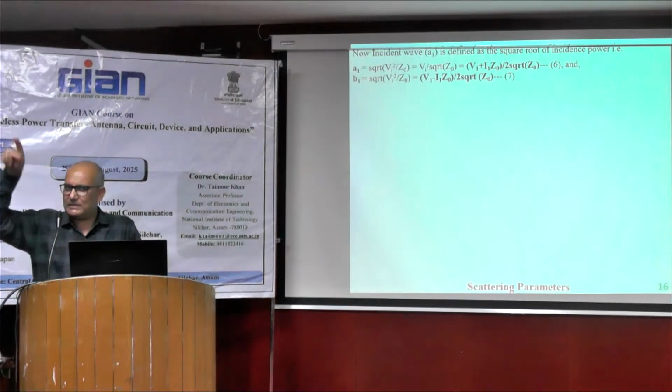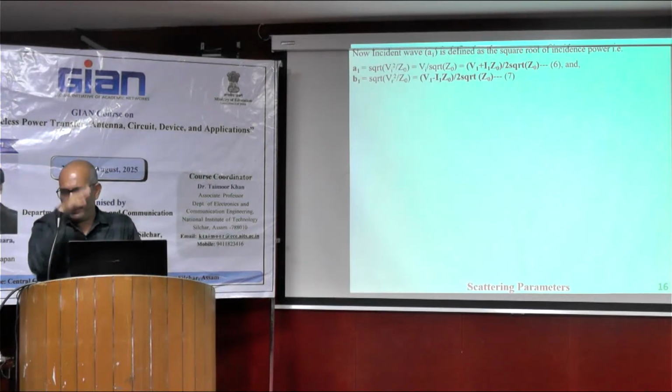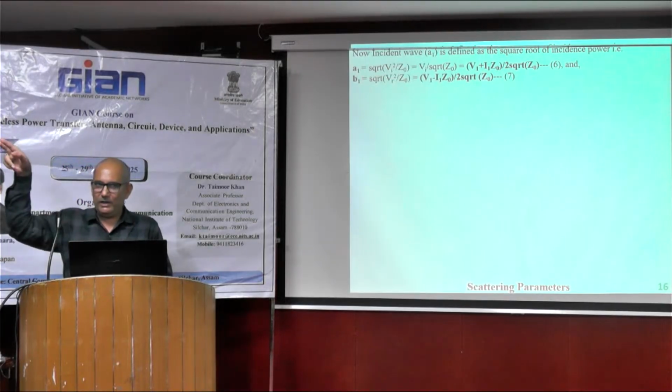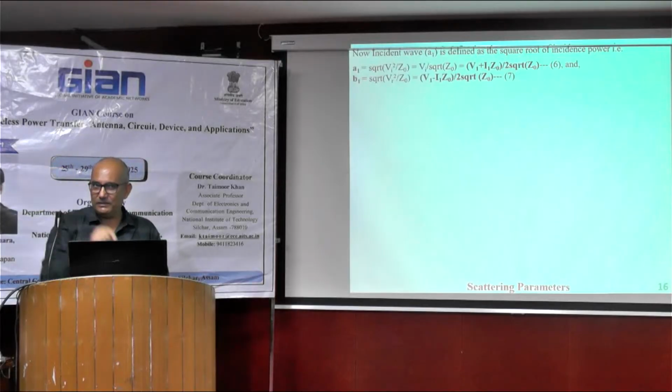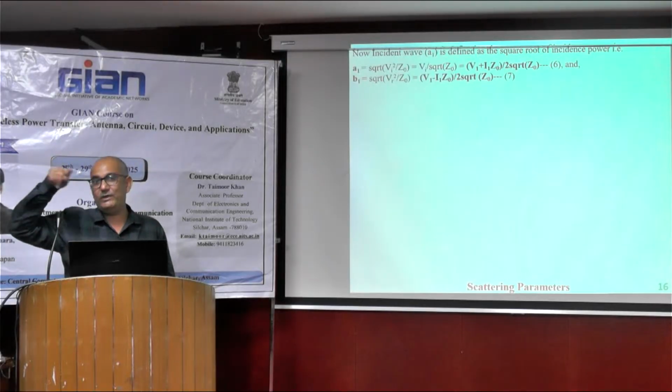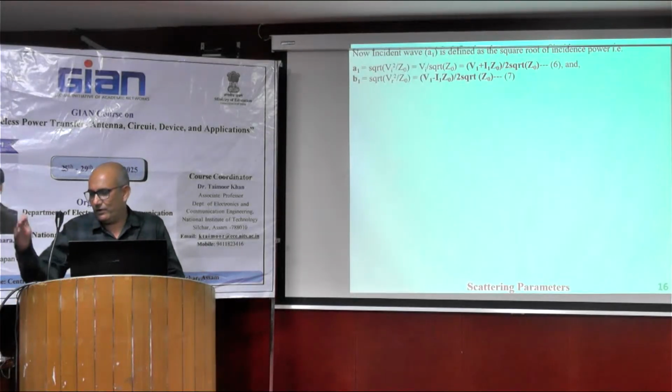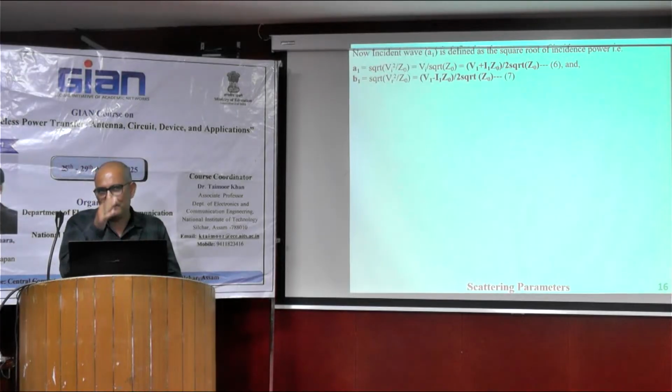In these two cases, R is common. It means that power is directly proportional to the square values of excitation. In V square upon R, excitation is V, and in I square R, excitation is I. If we ignore that particular load resistance, then power is basically the square values of that excitation.